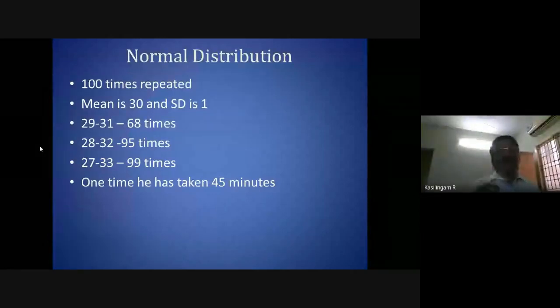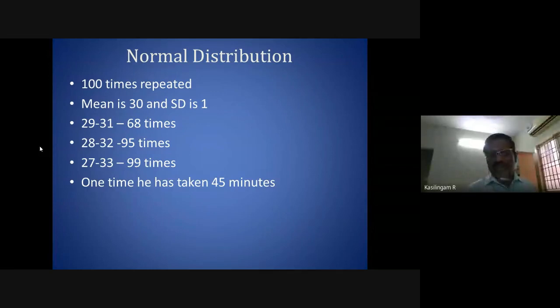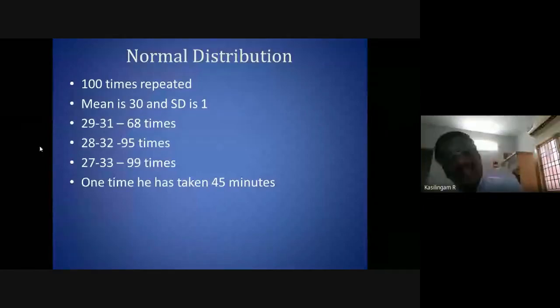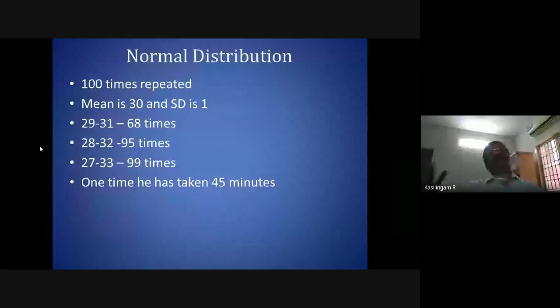Then, if I take 2 standard deviations, which means 30 plus or minus 2, that is 28 to 32, there are 95 observations. If I take 3 standard deviations, 27 to 33, it will be 99 times.